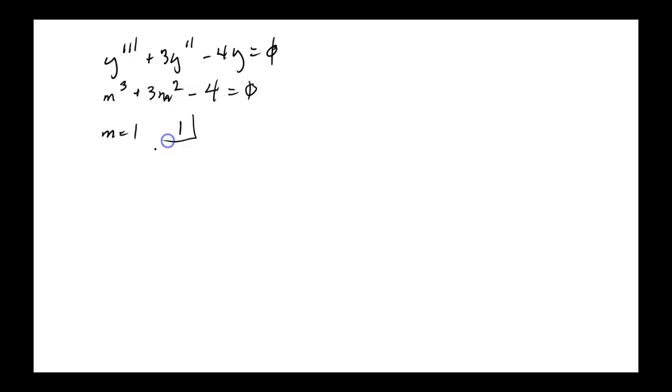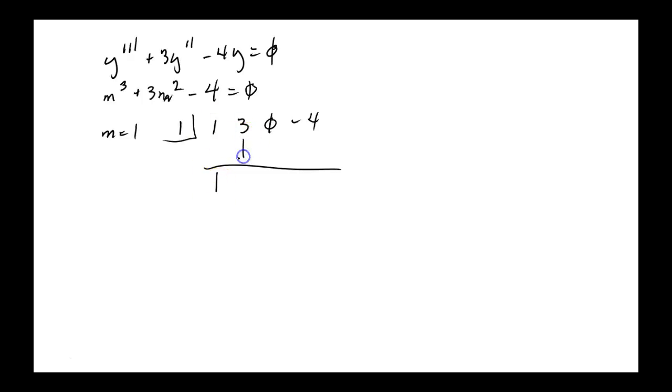Take that 1 that you know is a root, and write your coefficients down. This is synthetic division, by the way. 1, 3, 0, negative 4. Skip a line, draw a line, and start doing synthetic division. Bring down the 1.